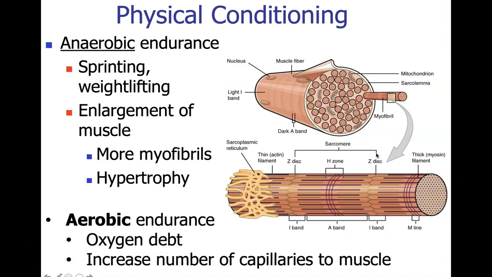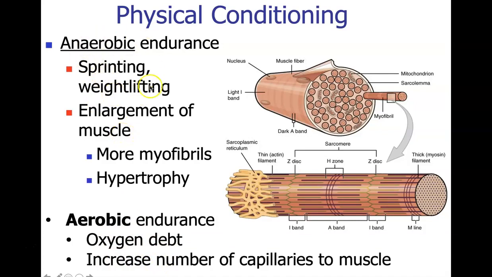Okay. So we're going to compare physical conditioning now: anaerobic endurance versus aerobic endurance. You might have heard about aerobic exercise, and that's this aerobic endurance piece where you have an oxygen debt, and you increase the number of capillaries to muscle. In anaerobic endurance, for things like sprinting or weightlifting, we get enlargement of muscles.